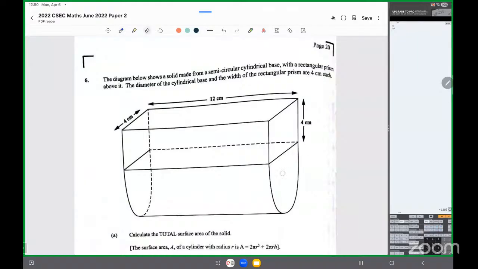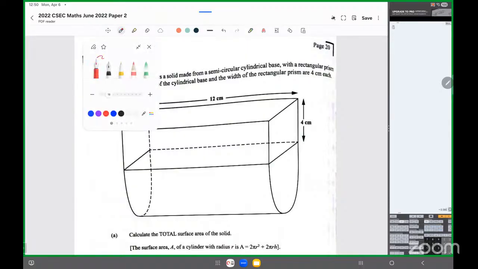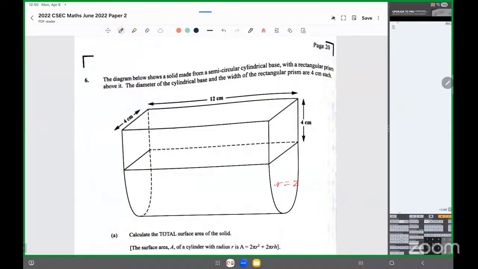Just write the radius one time. That means the radius is 2. R equals 2 centimeters on this half a circle, a semicircle, right? A semicircle is half of a circle. And this length right here says 4. So this is 4, and that's a square.